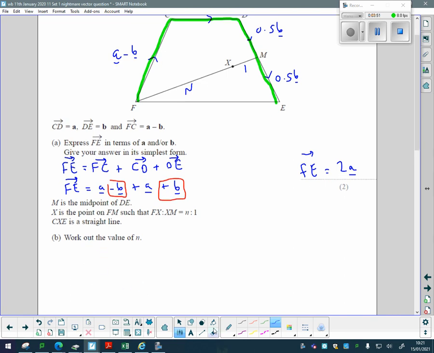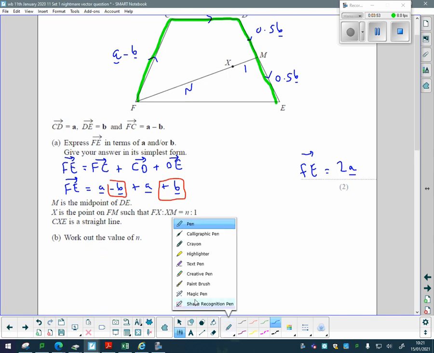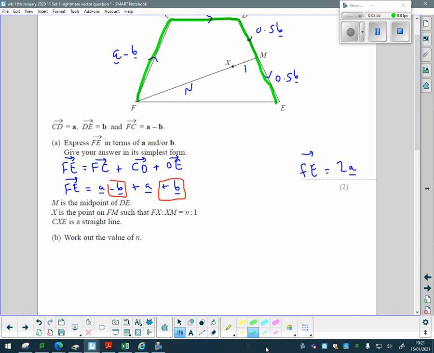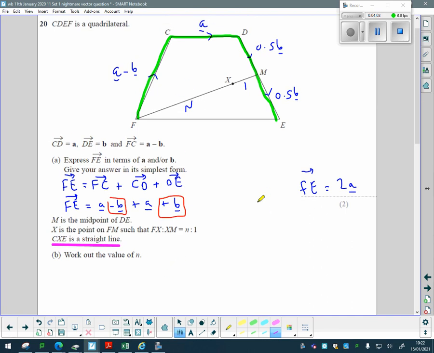And then here comes the key line. And if you don't make this connection, the question is going to become a nightmare. So CXE is a straight line. So let's put a straight line in there. CXE is a straight line.